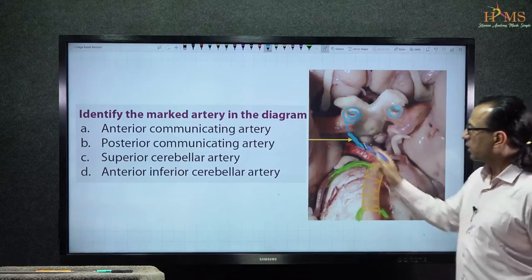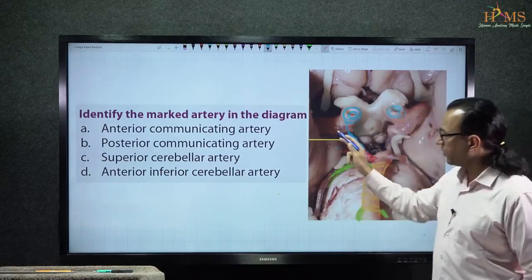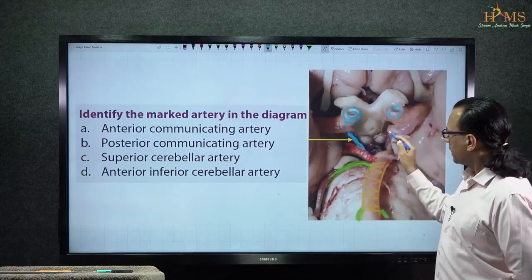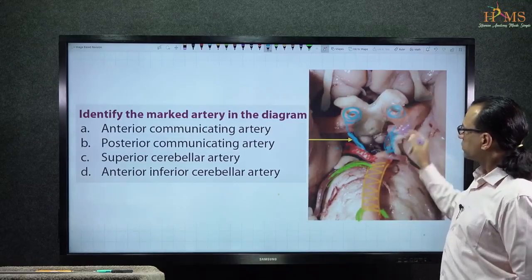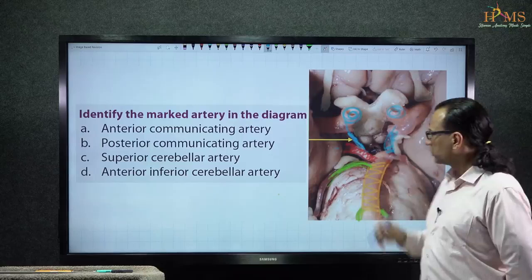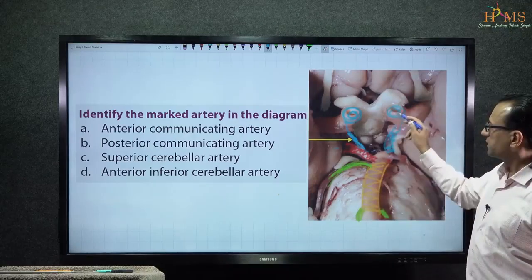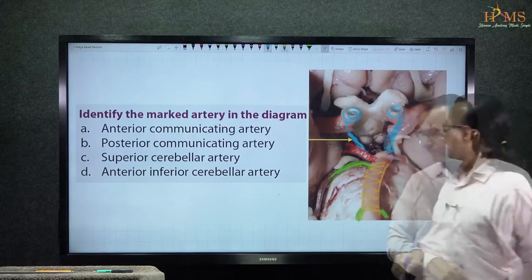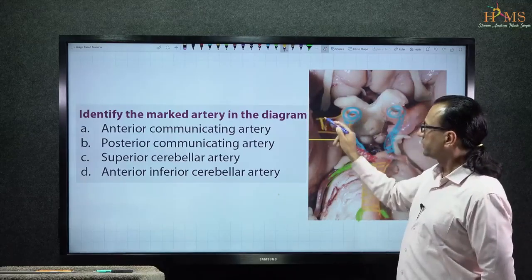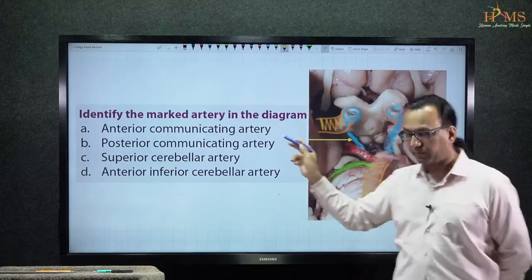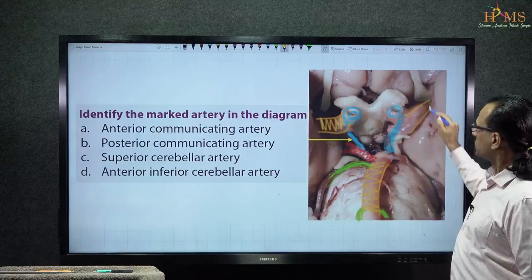It may happen that the lumen of the posterior communicating artery may be variable, small lumen here and large lumen on the other side. So that is also a posterior communicating artery, but on the other side, a branch of the internal carotid artery. And here you can see the internal carotid artery giving the middle cerebral artery, which is the major artery to the lateral cerebrum, seen on both sides here.